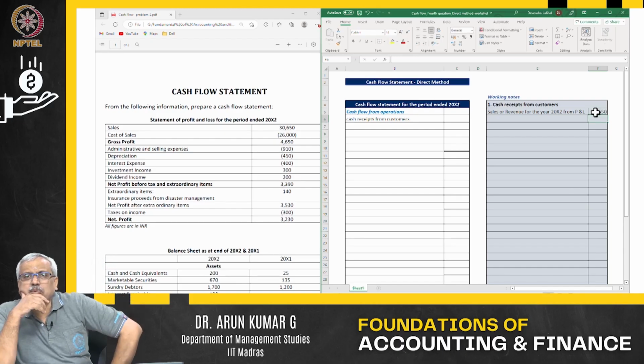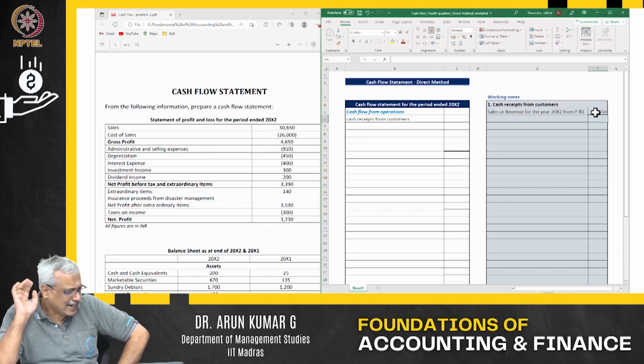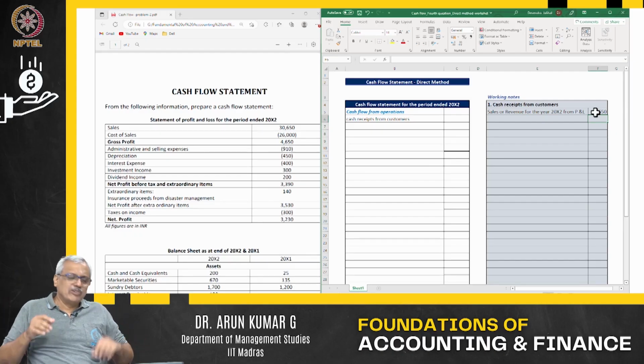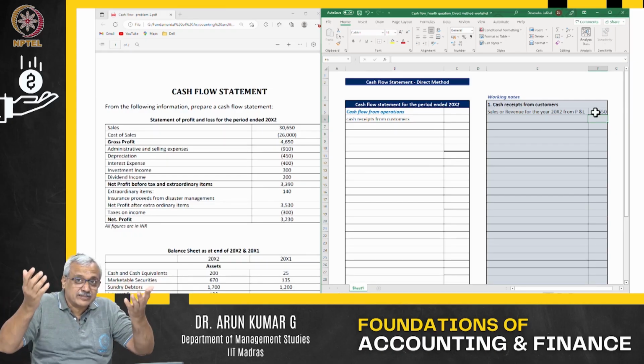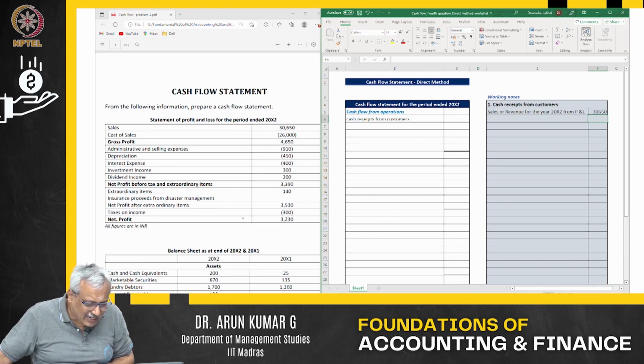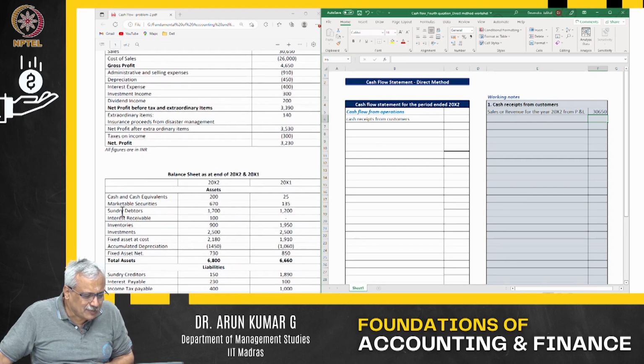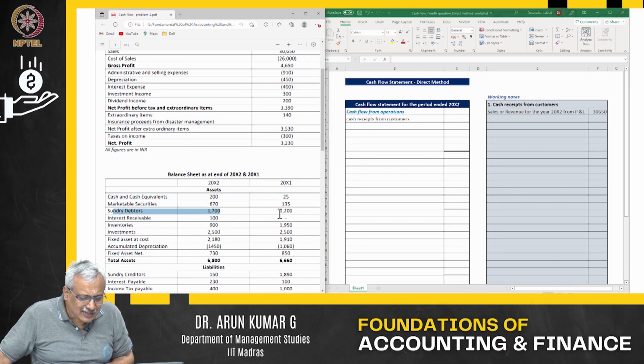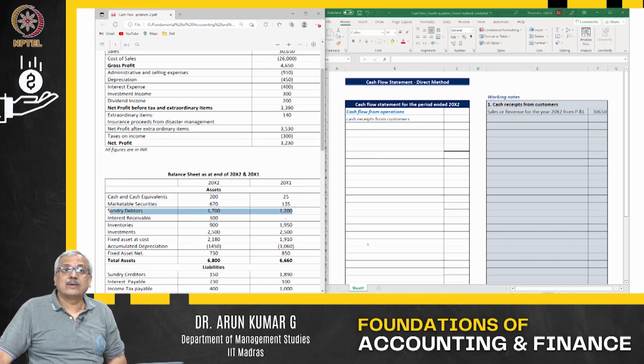Now, what are we worried about? We are worried about cash inflow. Have you received all this cash? Well, I do not know. So, let me look at the debtors. In this particular case, I see that last year I had debtors of about 1200, which I have highlighted.